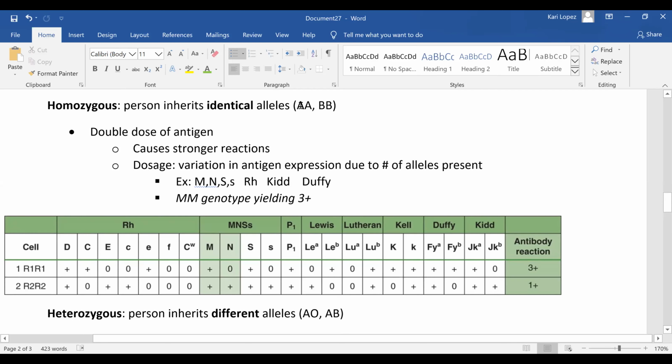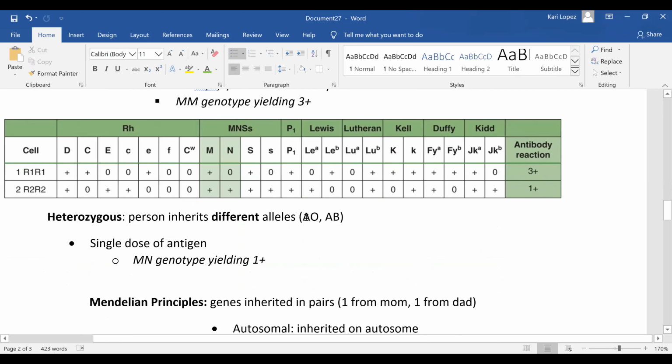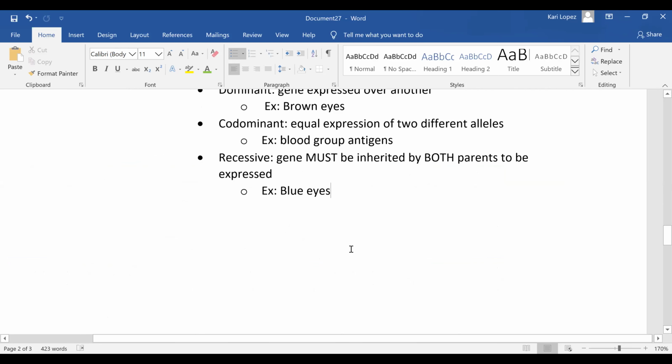But if they had big B, little b, and they passed on the little b, and your dad was big B, little b too, there's a 25% chance that the child will have the recessive trait. Sorry, I didn't think that through when you asked it. You must get the gene. They don't have to both display the gene. Okay.